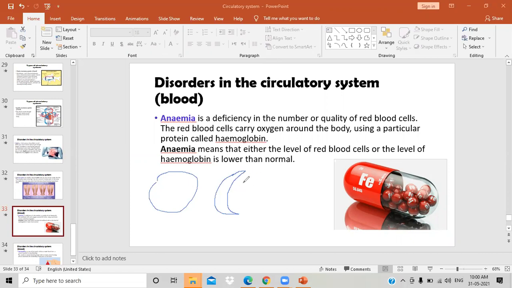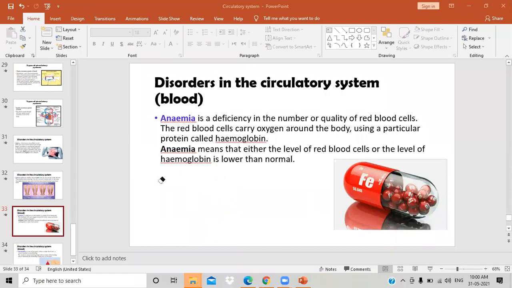In this case, their red blood cells cannot carry the oxygen. It has to have this round shape to be able to carry the oxygen atom at the middle of it. When they have this shape, they cannot carry the oxygen on it. This is also a type of anemia that we call sickle cell anemia.